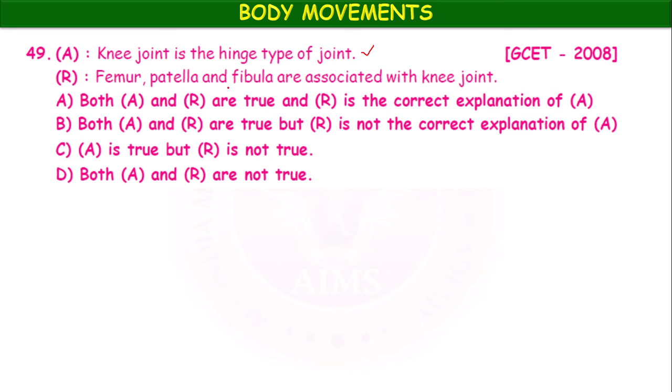Okay, assertion is true, and reason: femur, patella and fibula are associated with the knee joint. The reason is somewhat wrong. Okay, patella bone is present in the knee only, but the femur and fibula, they are not associated with this. So, here A is true, but reason is not true.